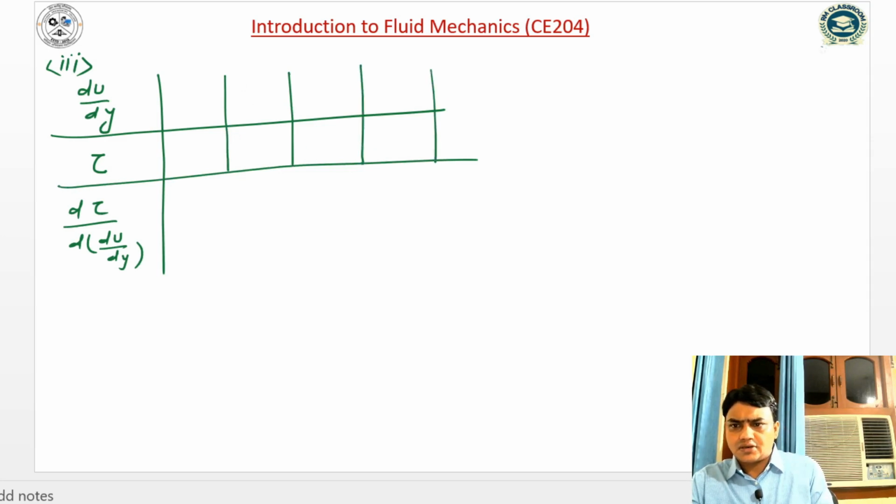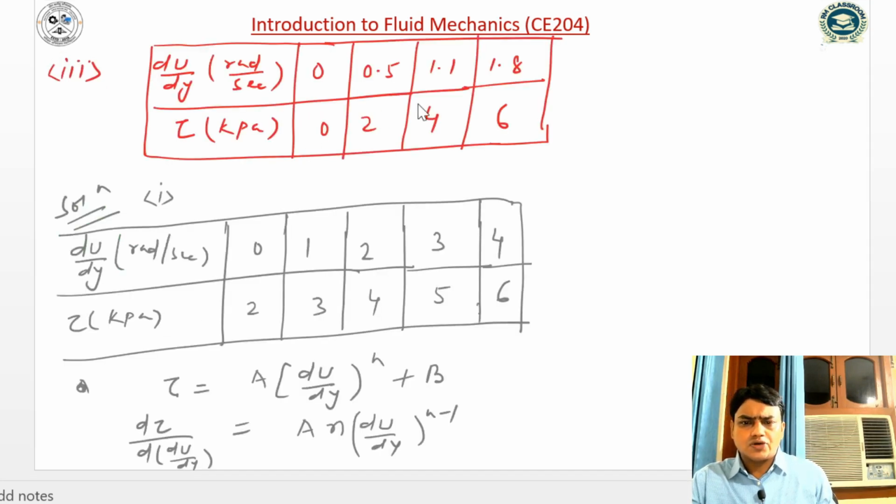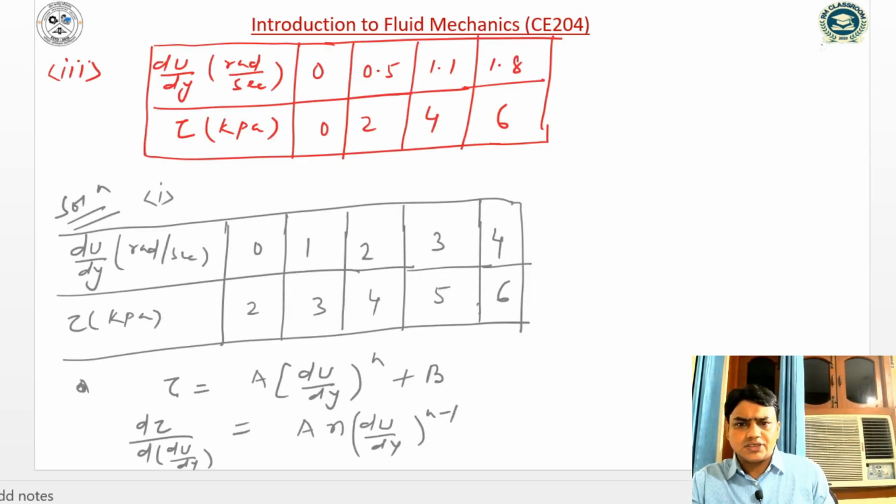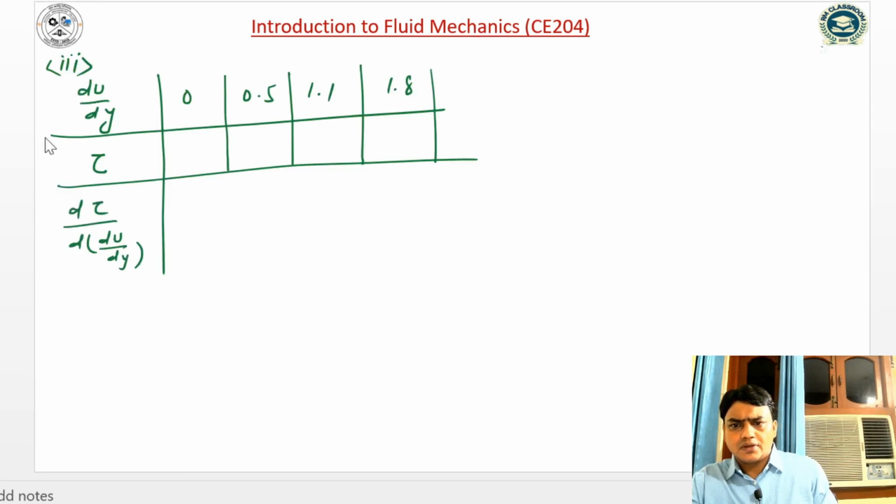If I see the question, du by dy will be 0, 0.5, 1.1 and 1.8, and the shear stress is 0, 2, 4, 6.